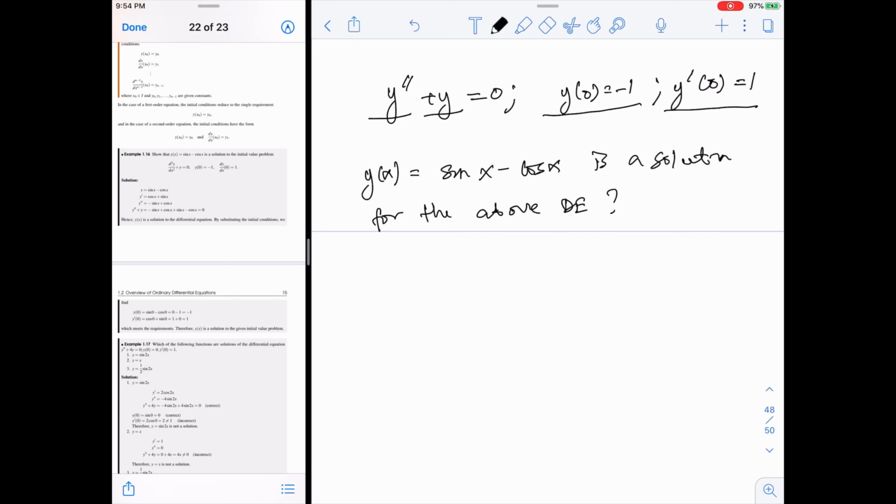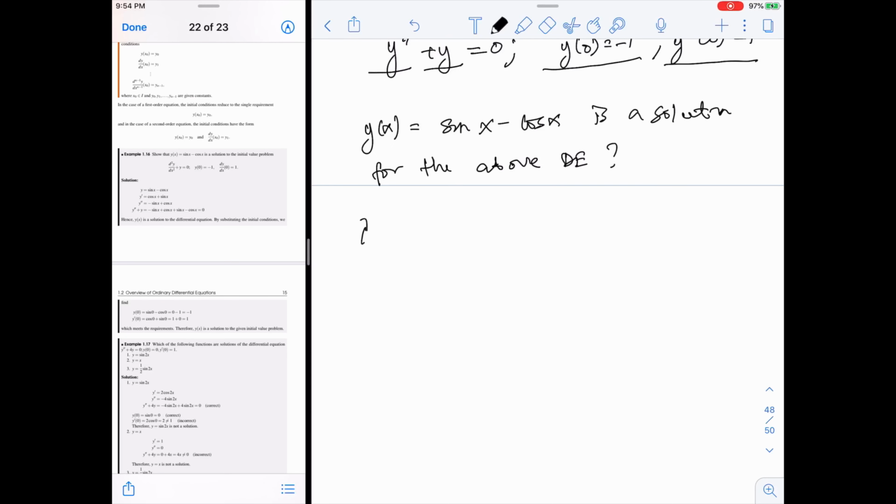The first one, you need to test for here, and then I put 2 over here and 3 over here. So the first one is you need to check whether y double prime plus y is equal to 0 or not. Okay, and then you need to find y prime first.